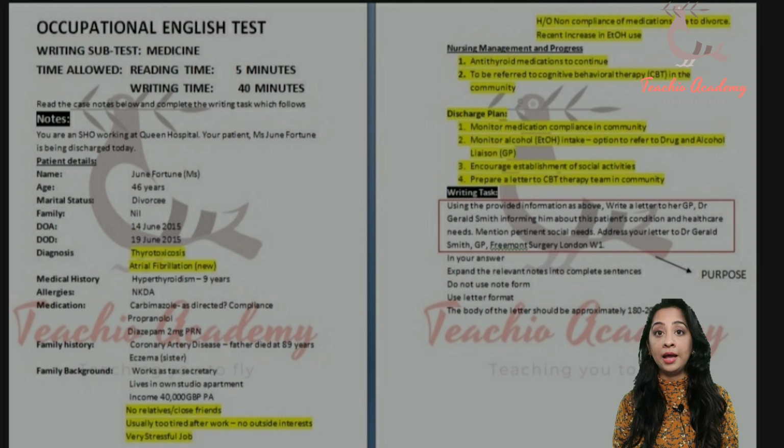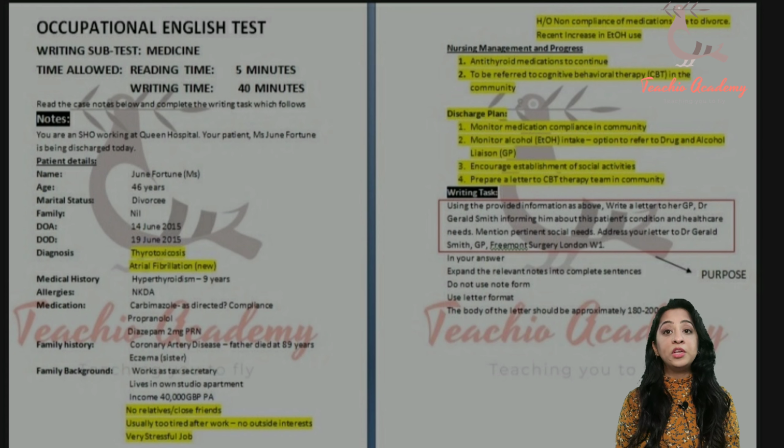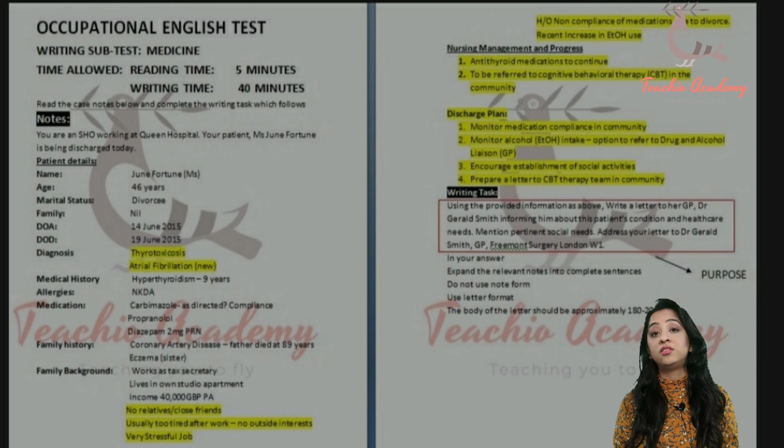So when I'm underlining, I would underline all the social needs and everything new which has happened during the course of this admission. This patient was admitted with thyrotoxicosis and had a new diagnosis of atrial fibrillation. That's definitely very important to write to the GP about.